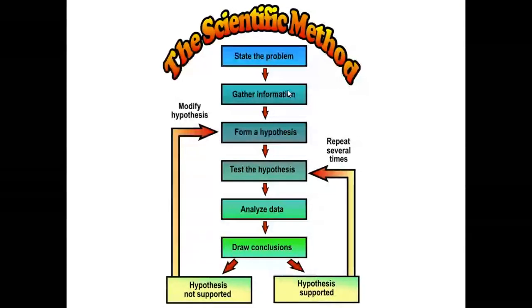You're going to do research. You're going to see what information is already out there that you can read and understand, so that you can better understand the problem itself. So you're going to gather your information.